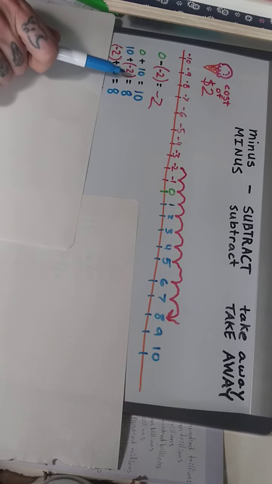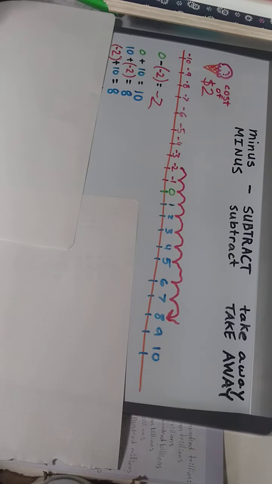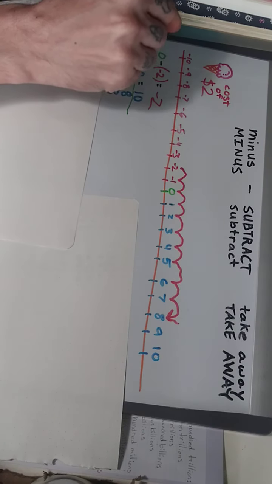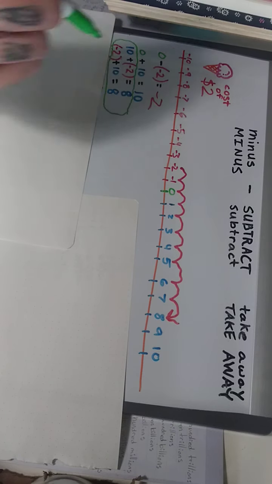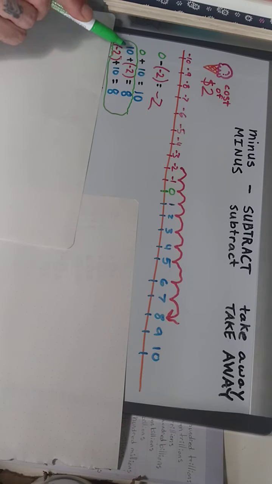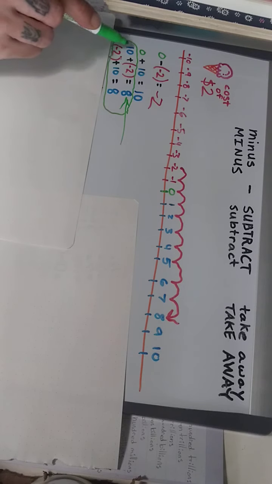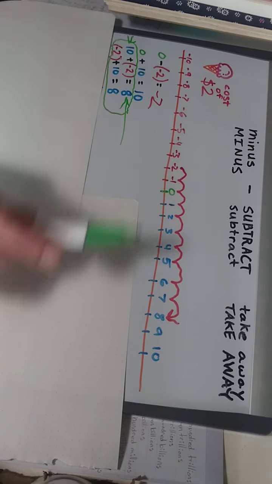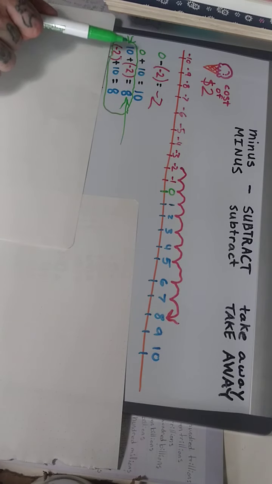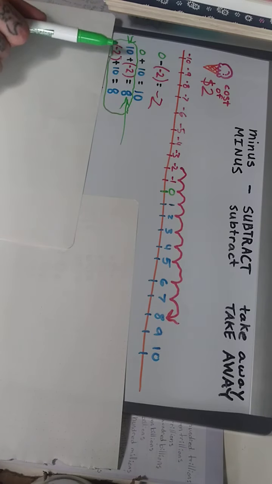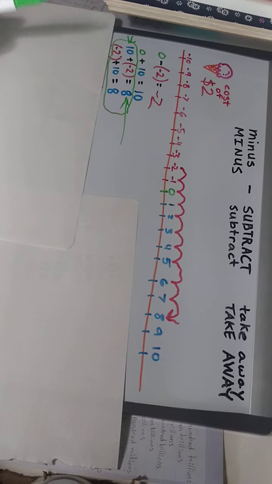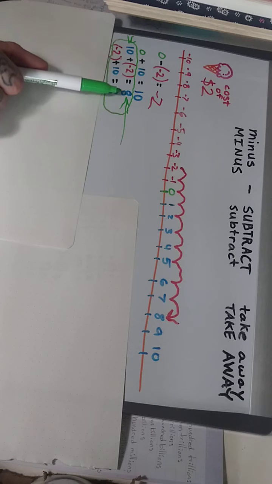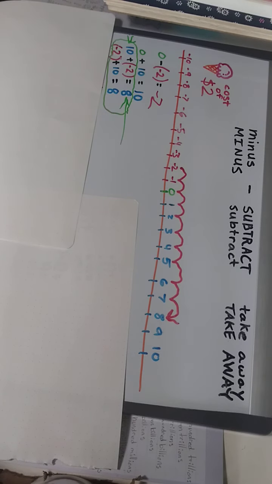Because these two equations are the same, we're just thinking about it differently. In this equation here, we knew we had the $10 first, so we started at +10, and then we saw we wanted to spend $2, so we represented that with -2, and we added that cost, and we knew we're ending up with $8.